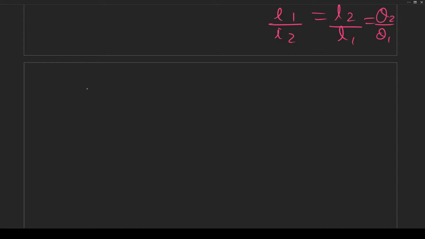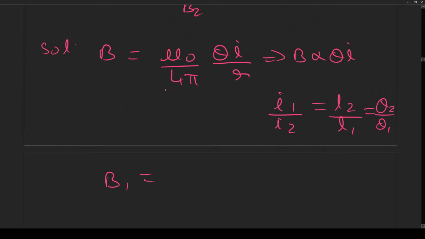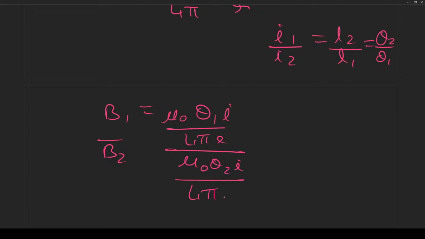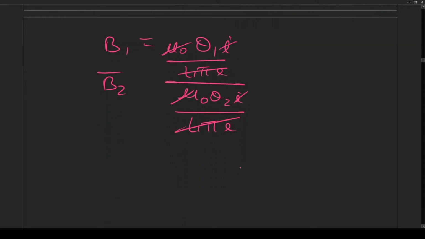Now B1 is equal to mu naught theta 1 I by 4 pi R, by B2 is equal to mu naught theta 2 I by 4 pi R, where everything except theta 1 and theta 2 get cancelled.